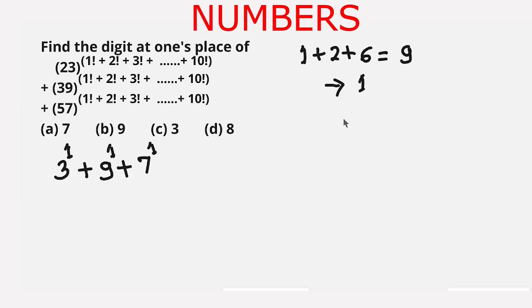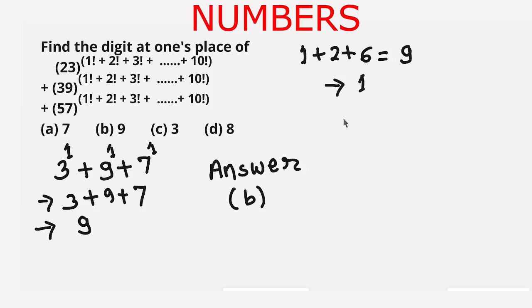So this gives 3 plus 9 plus 7. 3 plus 9 is 12. 12 plus 7 is 19 and ones place digit of 19 is 9. Therefore, the given question has ones place digit 9. And from the given options, our answer is option B 9. I hope you have understood the method of solving such type of questions. We go to the next question.